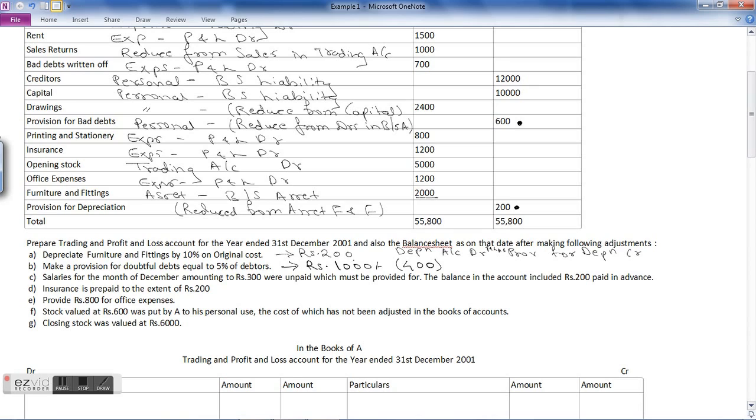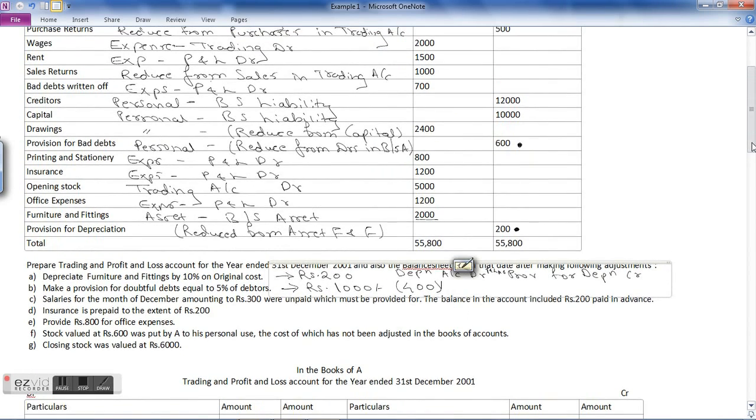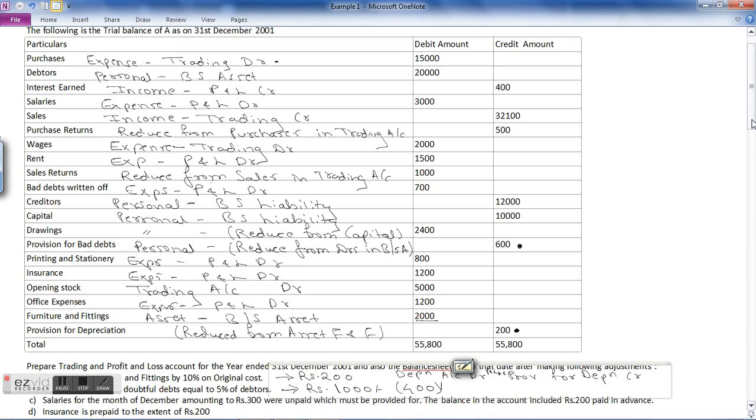Salaries for the month of December amounting to rupees 300 were unpaid, which must be provided for. The balance in the account included rupees 200 in advance. So where is salaries? There are some adjustments related to the salaries account, so I'll put one dot here in the salaries account.